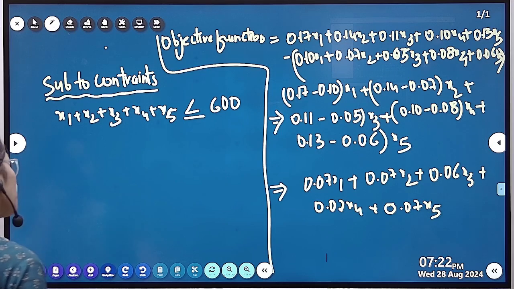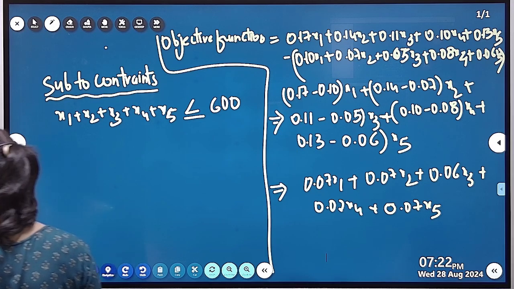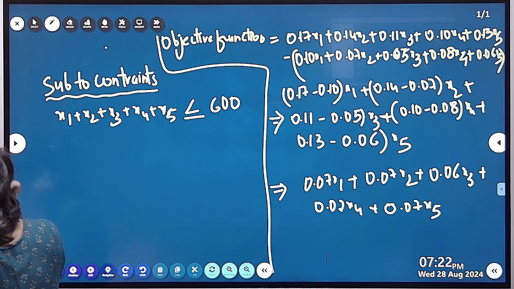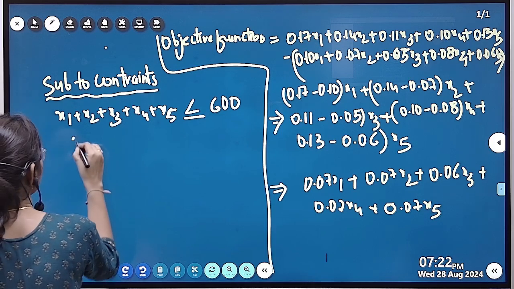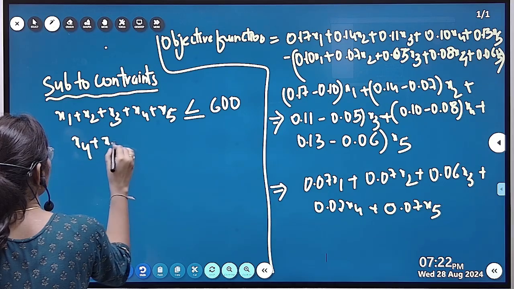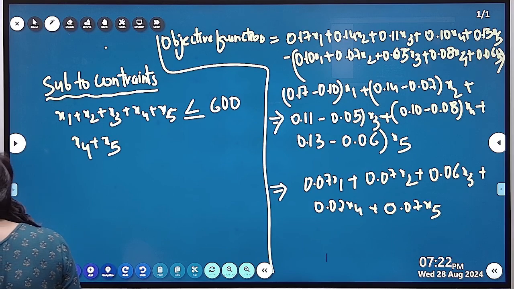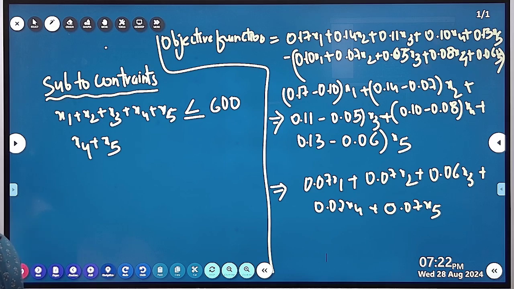Okay. So next constraint. Next one, continue the question. To meet the competition from the bank, the following policy guidelines have been set. At least 40% of the funds must be allocated to agricultural and commercial. So agricultural is denoted as x4, right? x4 and x5. x4 plus x5 should not be how much percentage? 40%.